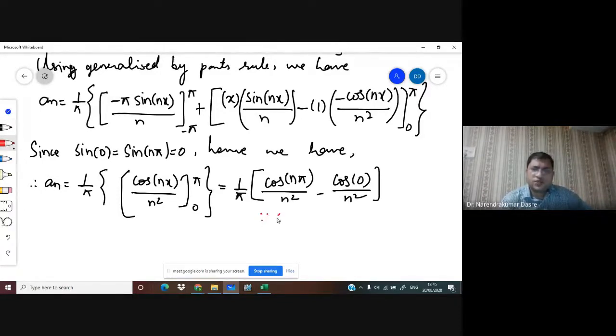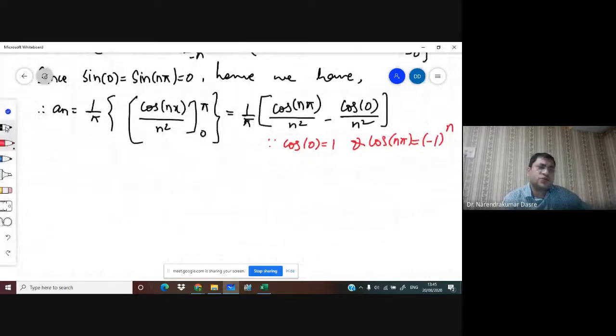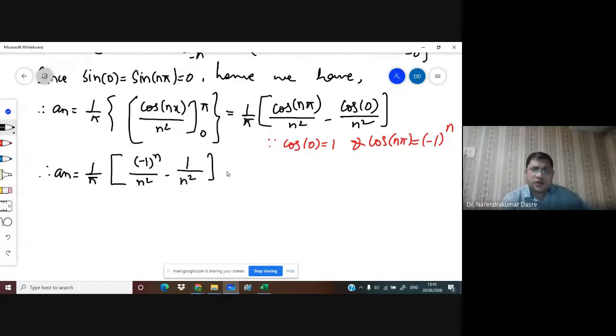Now, since we know cos of 0 is equal to 1 and cos of n pi is equal to minus 1 raised to n, using this value, we get an is equal to 1 upon pi. This is minus 1 raised to n upon n square minus 1 upon n square.